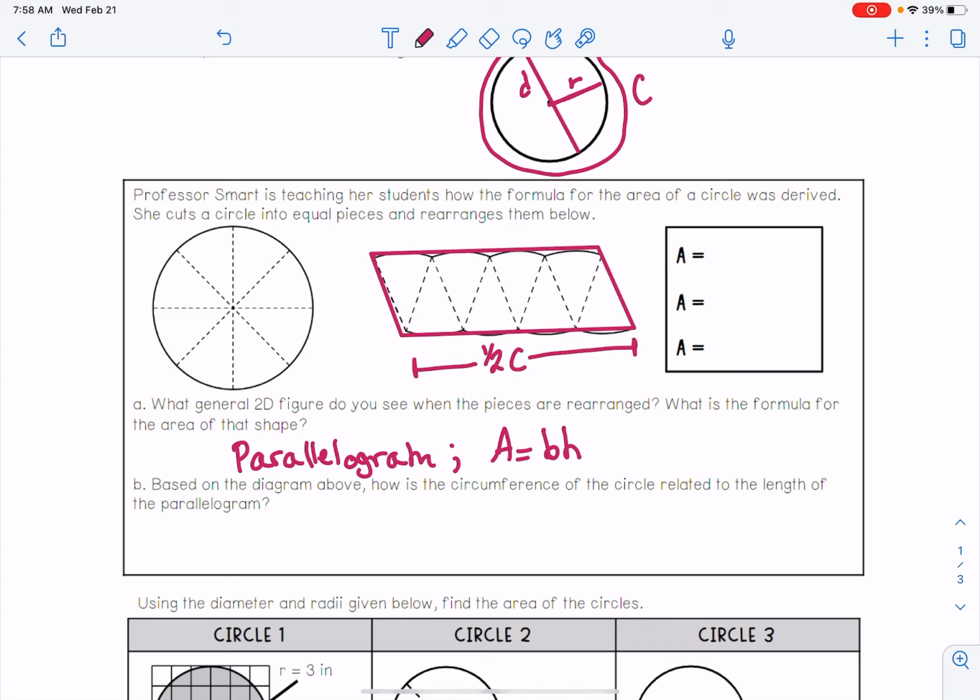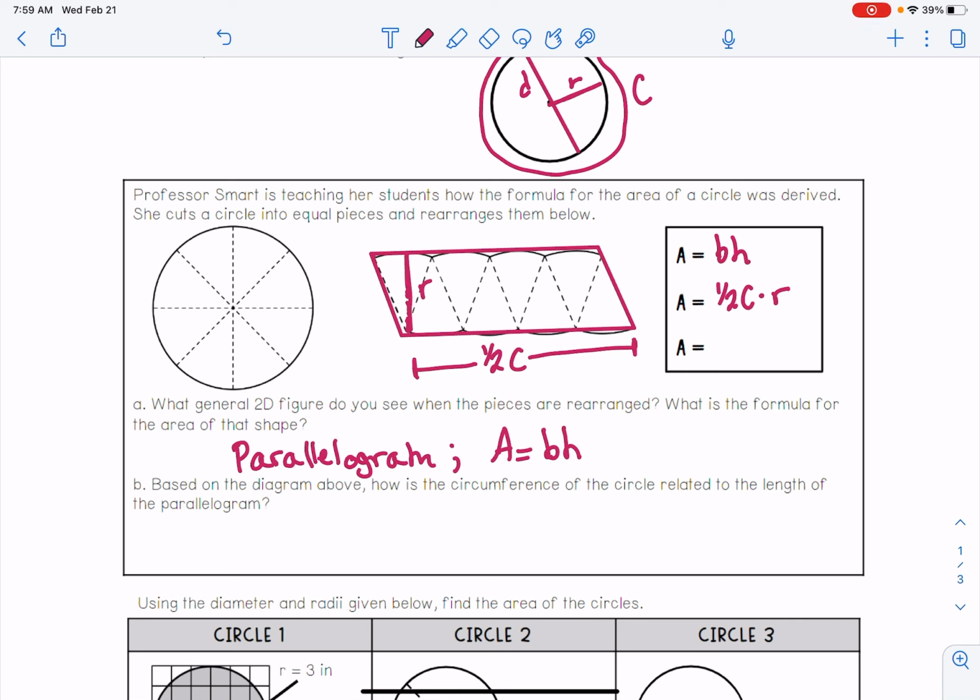And from the center of the circle to the edge of the circle, that is the radius. While the formula for my parallelogram is base times height, because I'm talking about a circle, I'm going to replace my B with 1/2 C times R.